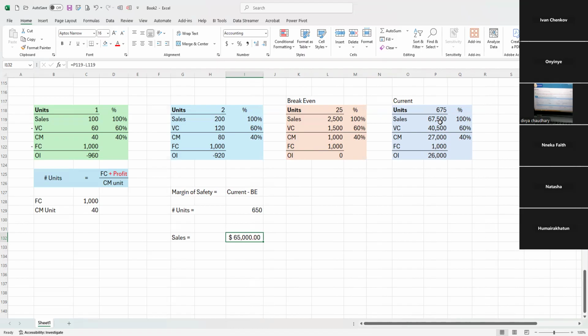Now, can I express margin of safety as a percentage? Yes, I can. Why not? In the number of units, the percentage will be the margin of safety here divided by our current situation. So this one divided by this one. My margin of safety here as a percentage is 96%.